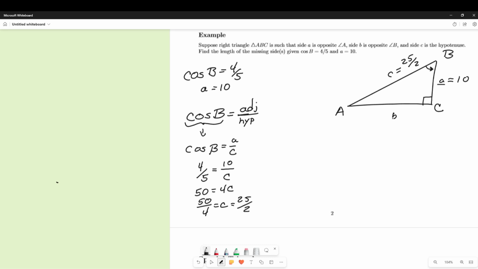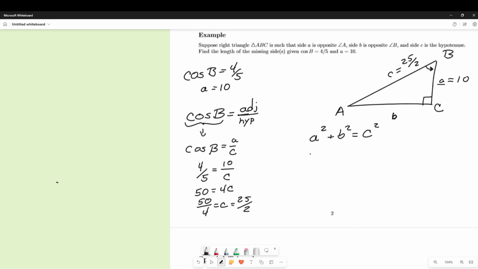Now, if we want this side length B, we could use a different trig relationship if we wanted to, but once we have two sides of a right triangle, finding the third side is just Pythagorean theorem. So, Pythagorean theorem again, a squared plus b squared equals c squared, as long as a and b are legs and c is the hypotenuse.